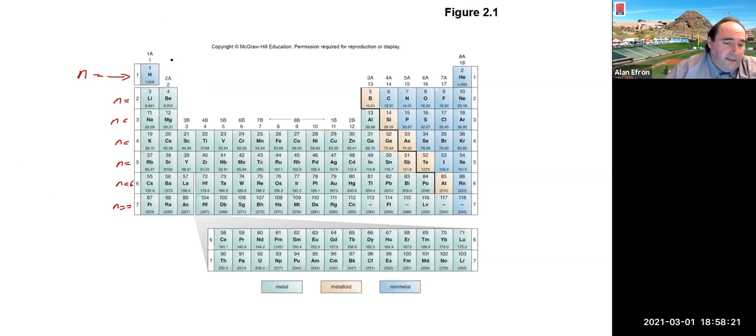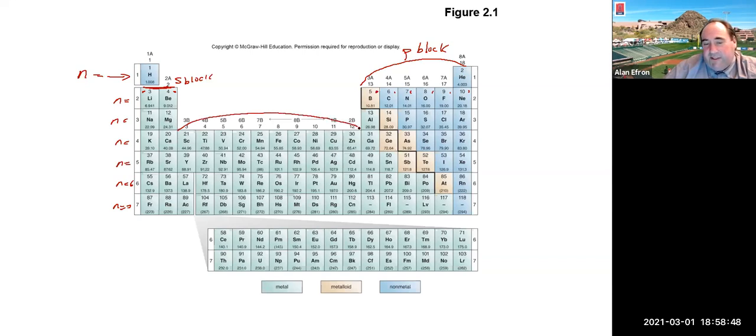The first two groups, group 1 and 2, are the S block, because it can hold 2 electrons. The P block is from group 3 to 8, and P can hold 6 electrons. The D block is your transition metals, and if you remember, D can hold 10 electrons.